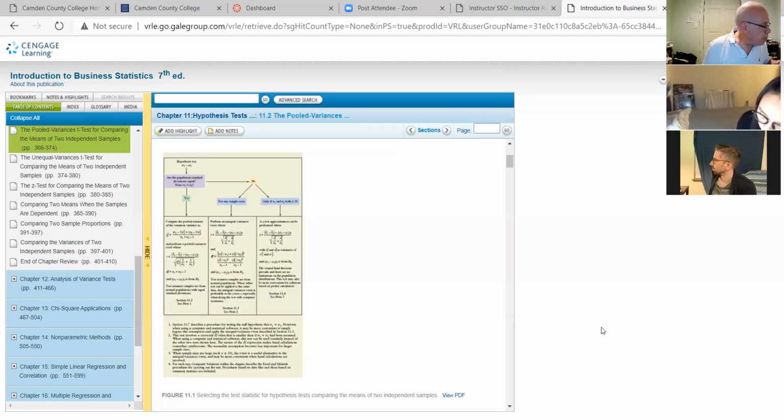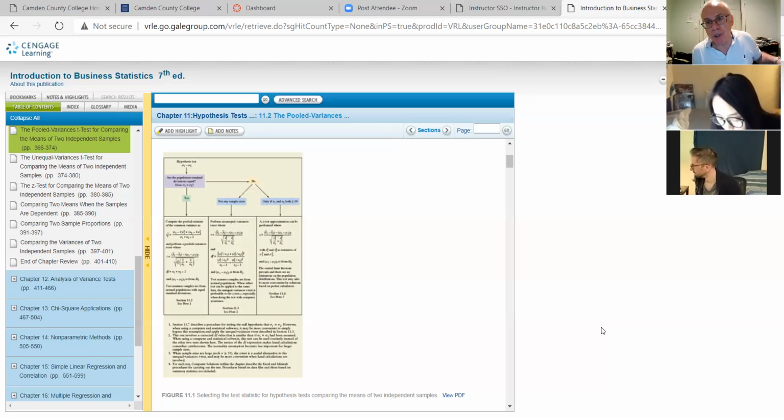Column 3. Notice that column 2 says for any sample sizes. Because we're assuming normal distribution for both populations, it doesn't matter how big the individual sample sizes are.